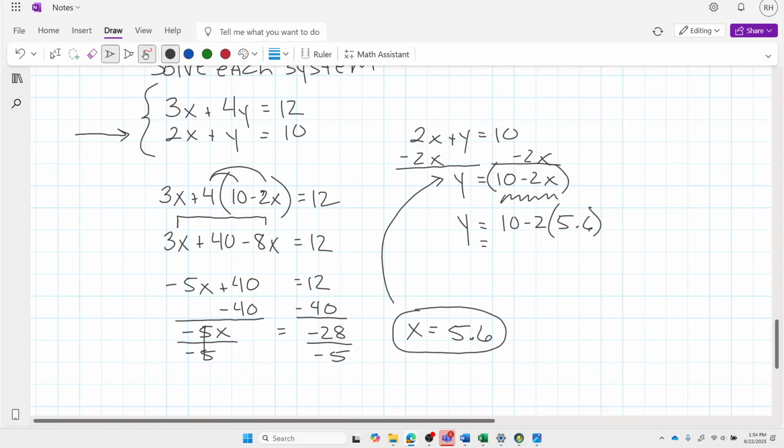So y is equal to 10 minus 11.2, which is negative 1.2. So here's our x, here's our y, and here's how you list your solution. You list your solution as an ordered pair. X first, so 5.6, and negative 1.2.